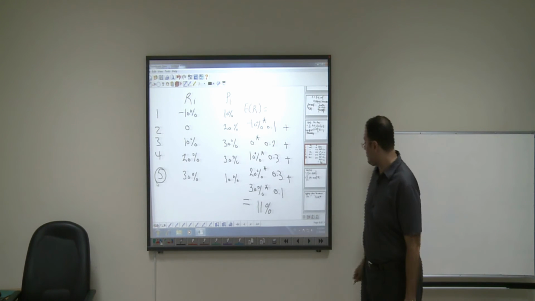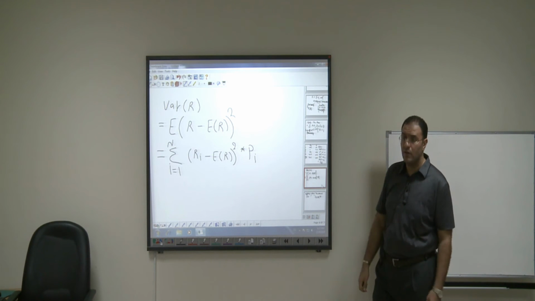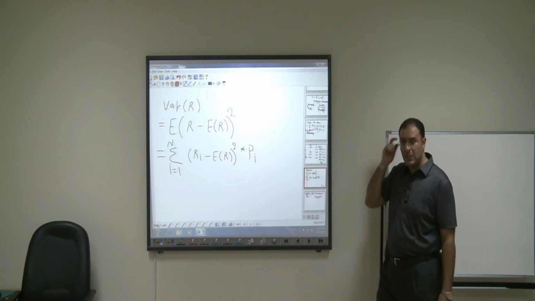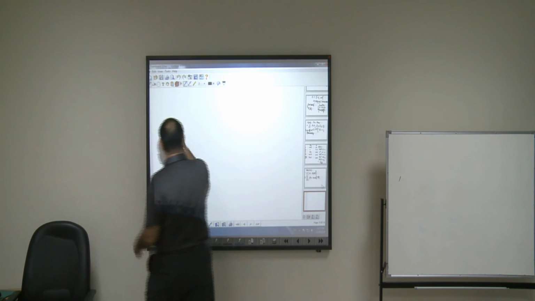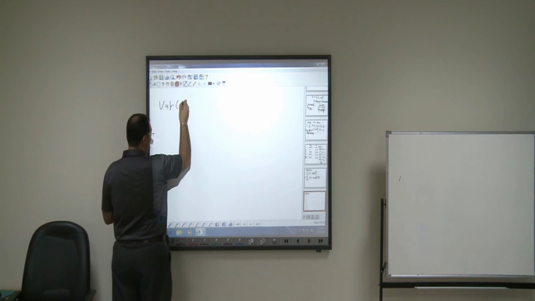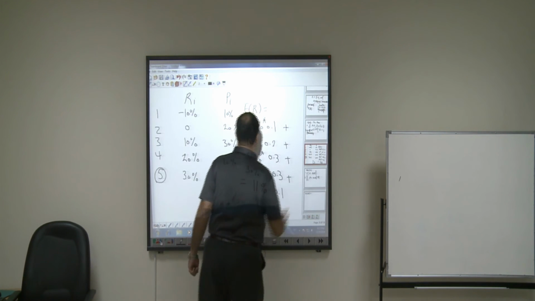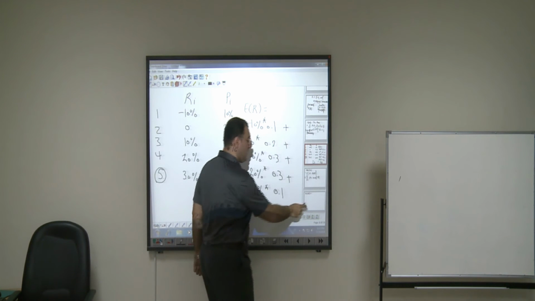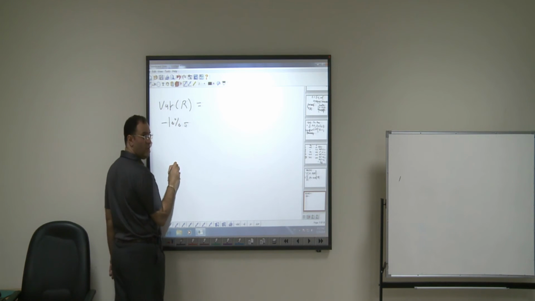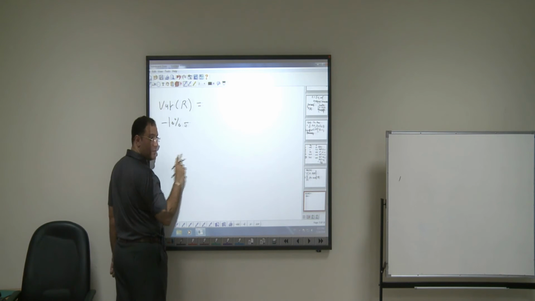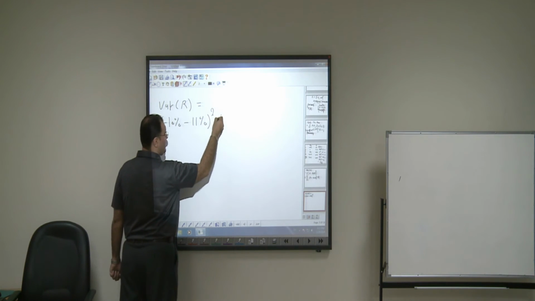So now let me define the variance. Var R is going to be: we have negative 10% minus the expected value, the most likely, which is 11%, squared, times pi.